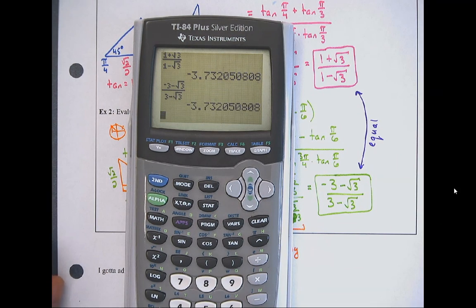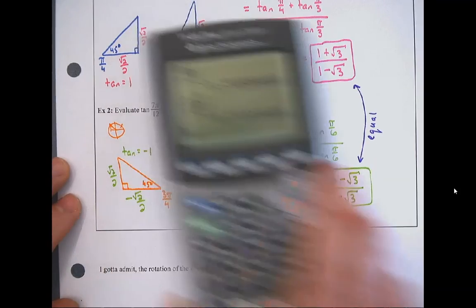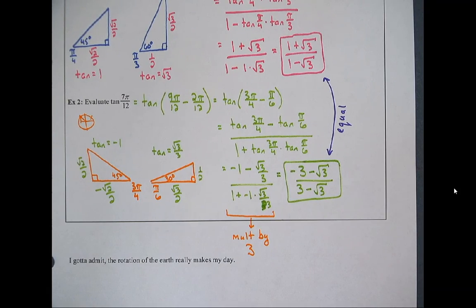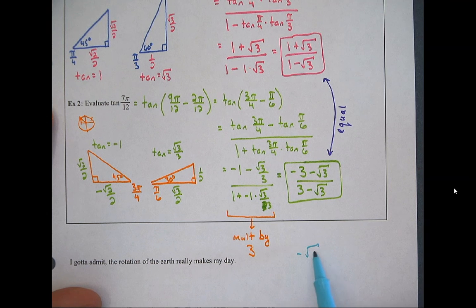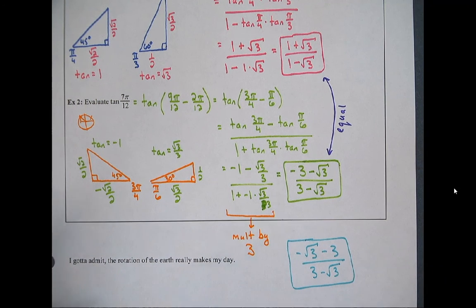Same thing. Yes? Believe it? What about this? Is this still equal? Negative root 3 minus 3 over 3 minus root 3. Is that also equal? Yeah. I mean, everything still has the same sign.